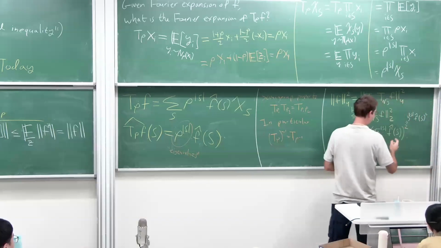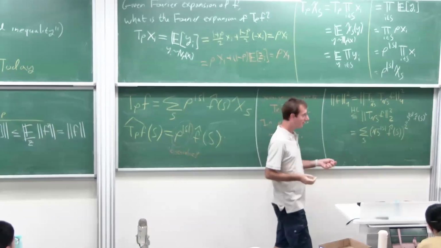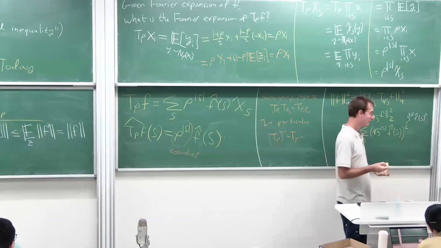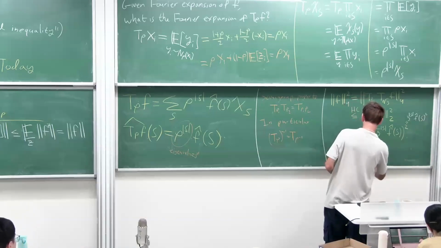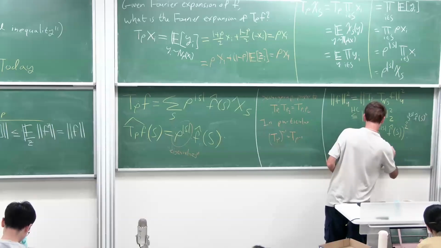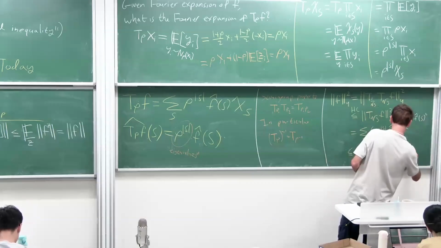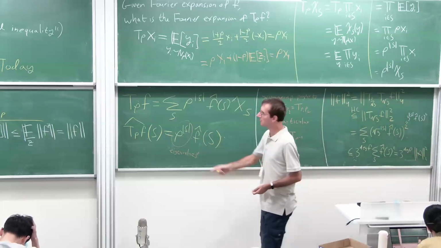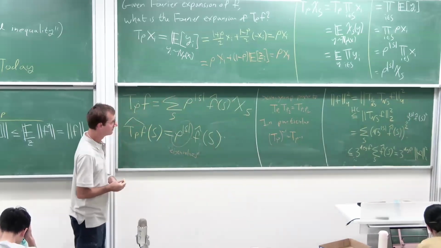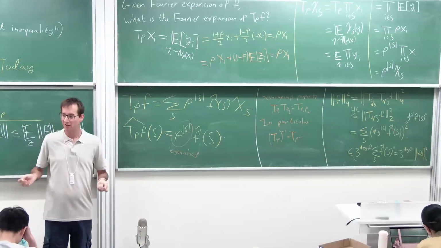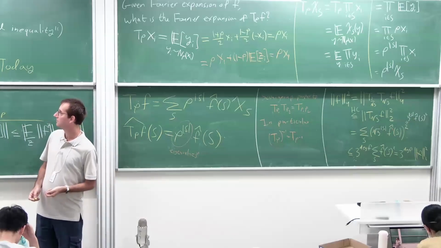Now because f has degree at most the degree of f, we can bound 3 to the S by 3 to the degree of f. So this is at most 3 to the degree of f times the 2 norm of f squared, which is what we promised. So by applying this noise operator and its inverse, this immediately gives us this thing.